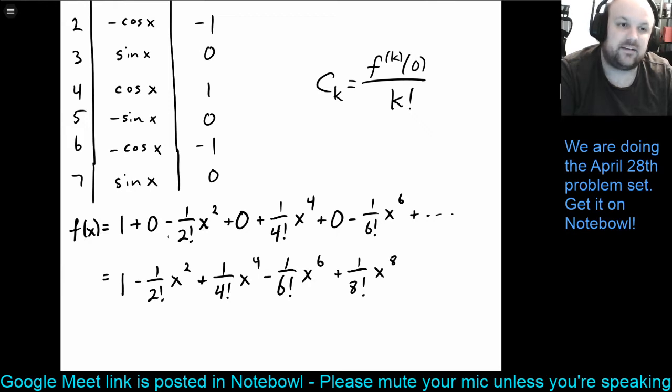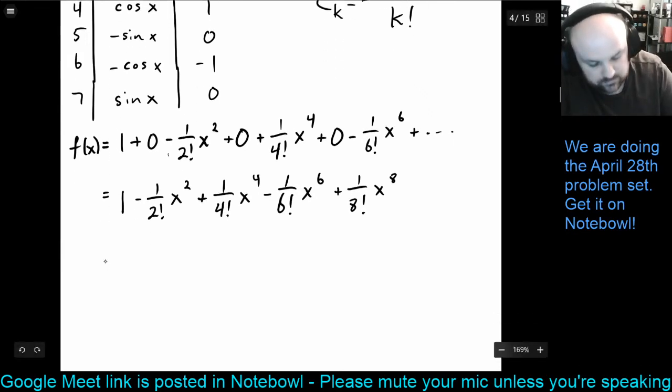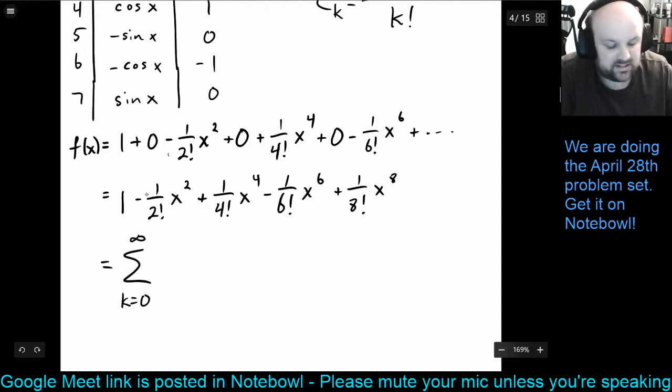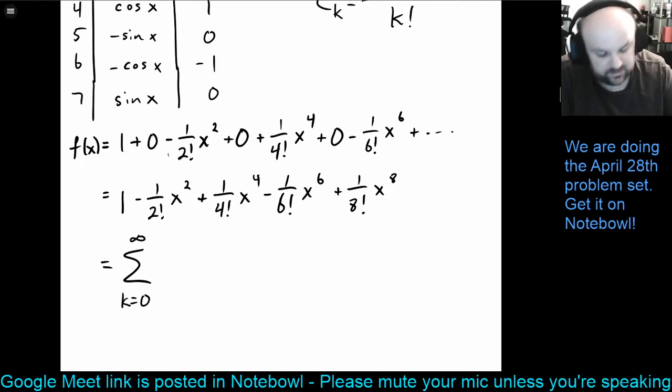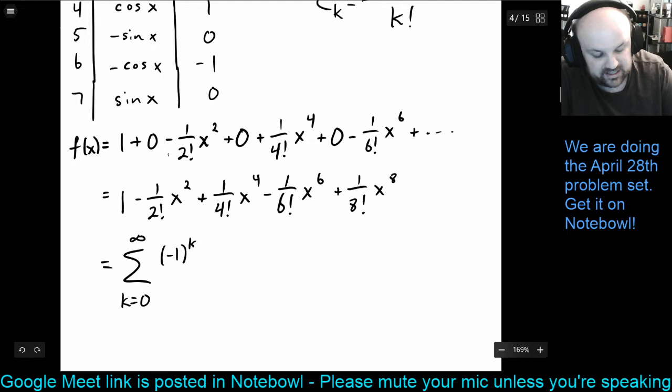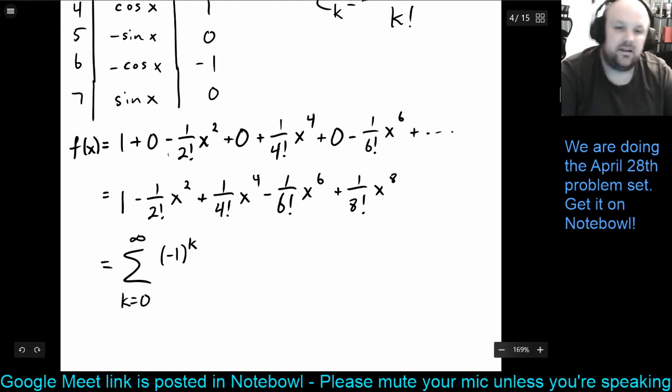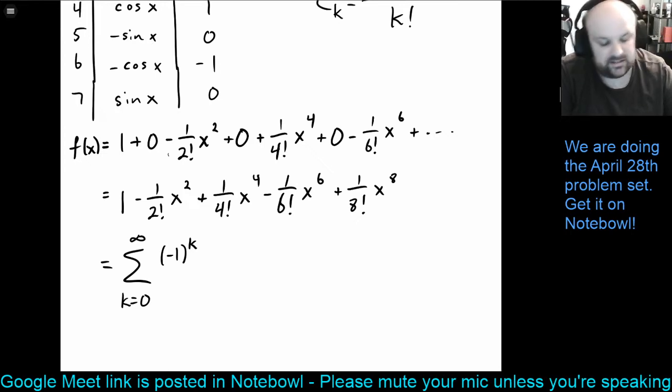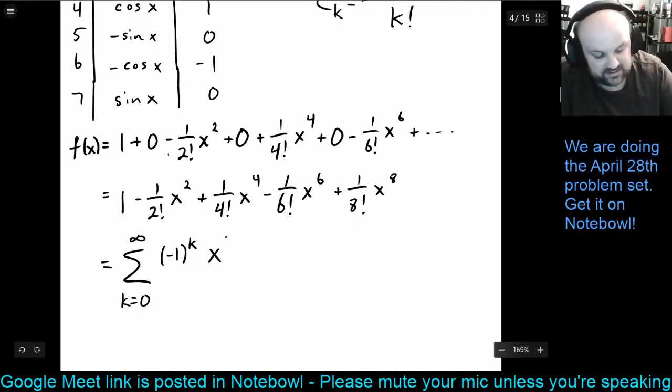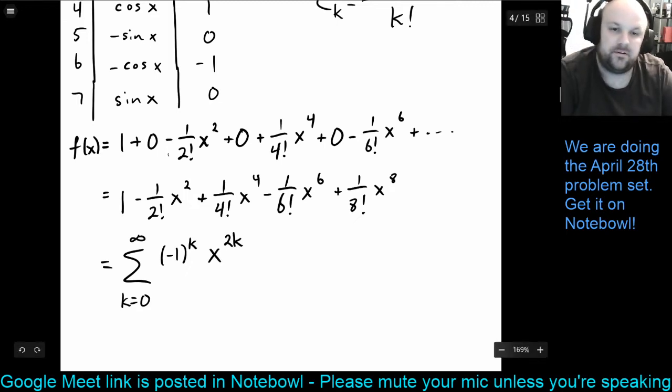So, how do we write this down as a series? Well, this is going to start at 0. It's an alternating series that starts on a positive note, so the top is minus 1 to the k. The powers of x are all even: 2 times 0, 2 times 1, 2 times 2, 2 times 3, 2 times 4. So this is x to the 2k on top.